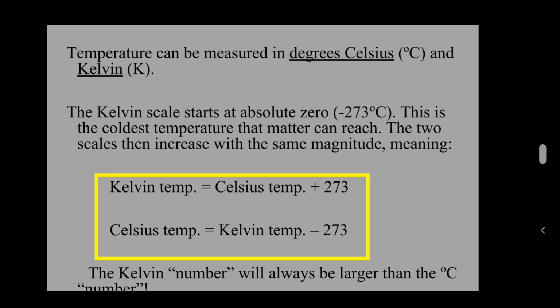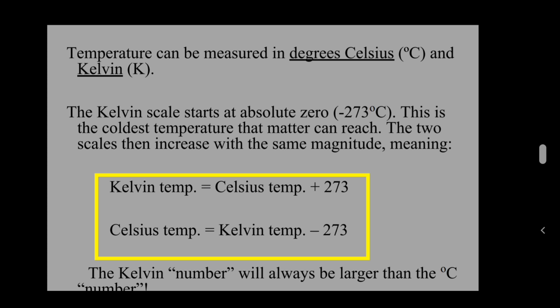Because theoretically, if particles don't move, then they're not going to hit anything, which means they're not going to create any energy, any heat energy, and therefore there'll be no heat. So that Kelvin scale at absolute zero is minus 273 degrees Celsius. So minus 273 degrees Celsius is the lowest temperature anything can be in the universe.